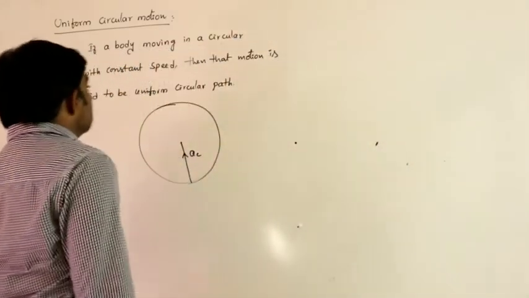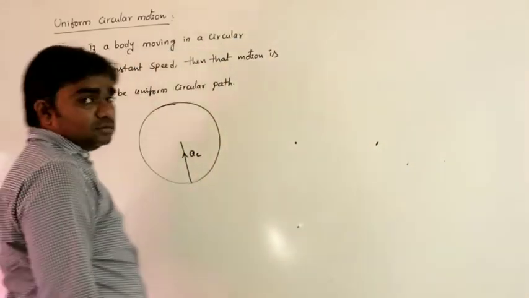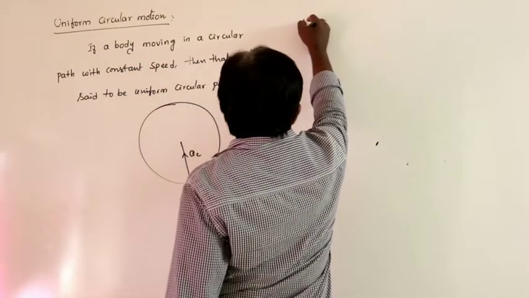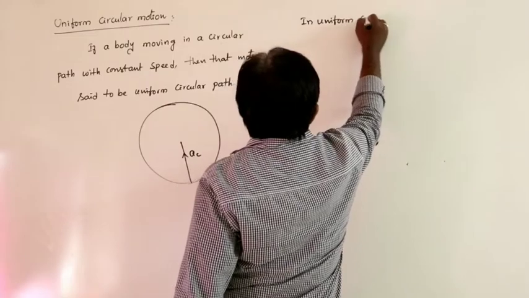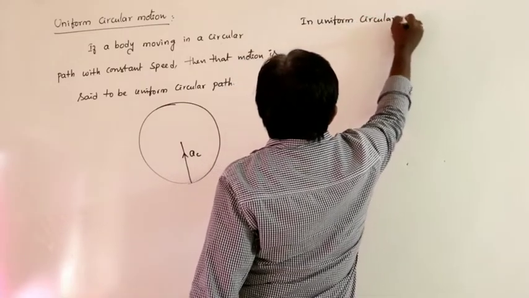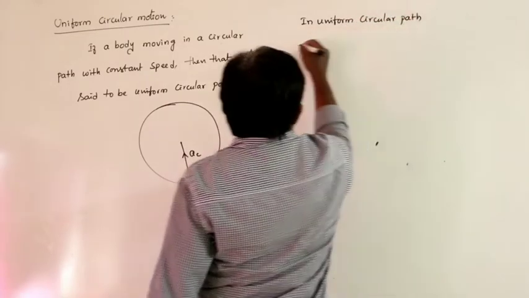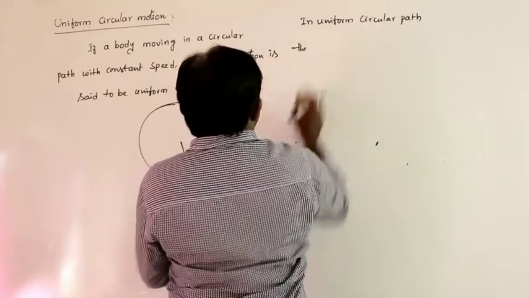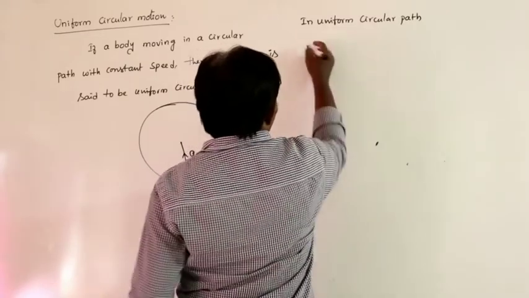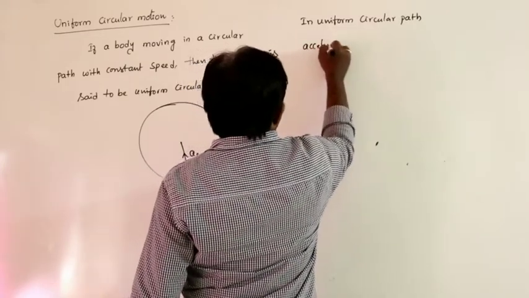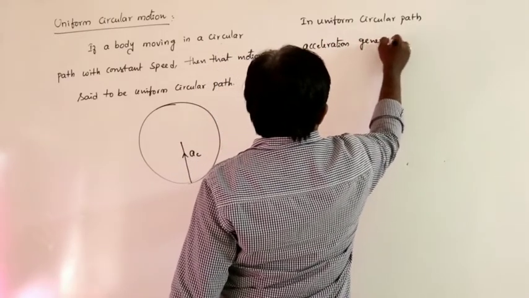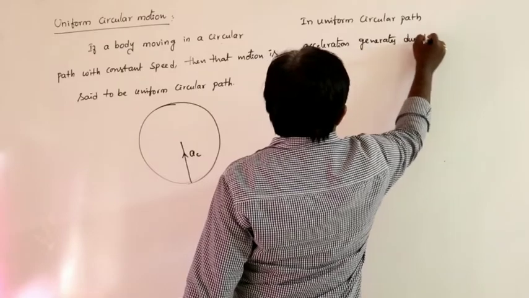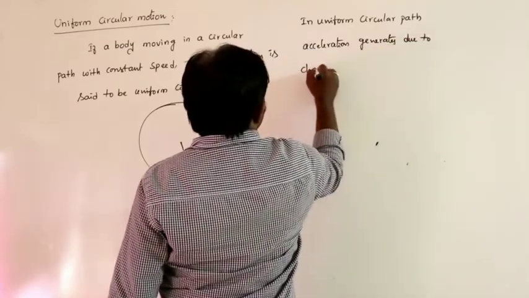Now, in a uniform circular path, the acceleration generates due to change in velocity.